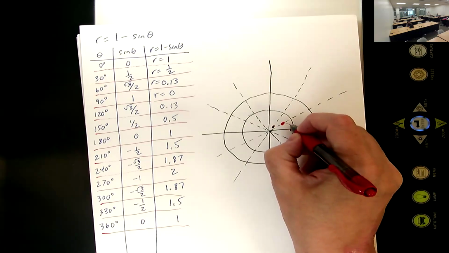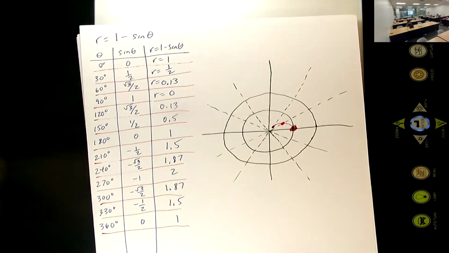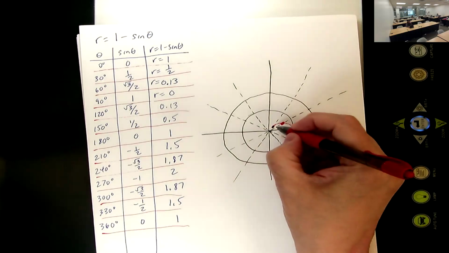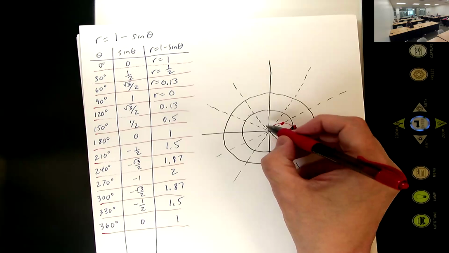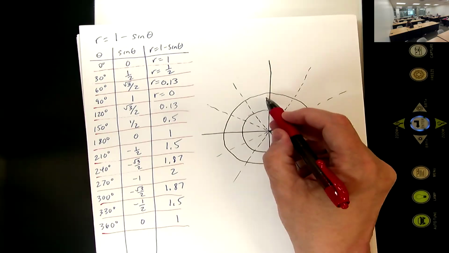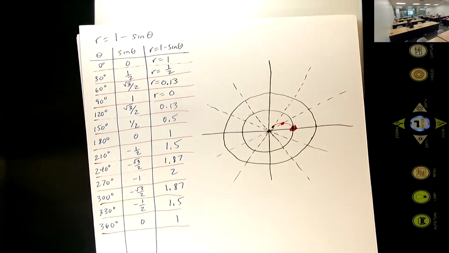I'm gonna start drawing a curve as I go, because if I don't, I might lose track of where everything connects later on. It's a good idea, especially with some of the bigger ones. At 90 degrees, I'm at a radius of 0, which puts me at the origin. R equals 0 means I don't extend out.